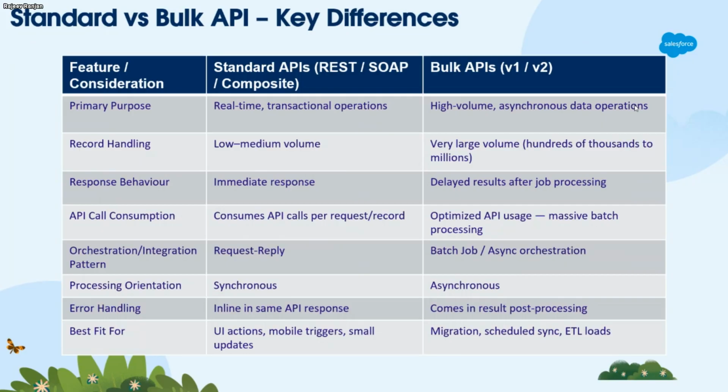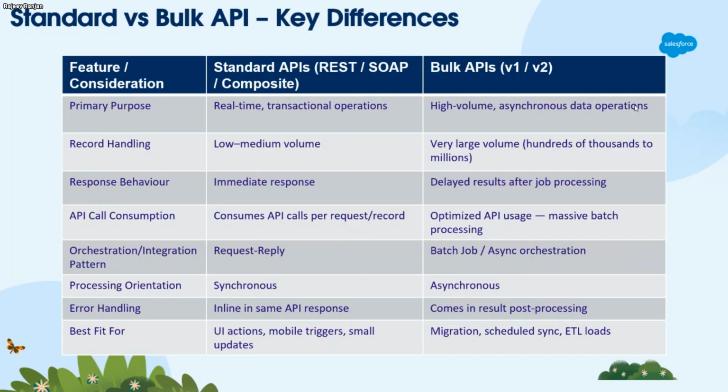In that error handling scenario, if it is inline in the API request and response, we should go for the standard. If you are okay getting it at post-processing, where a few records or a single record failing doesn't affect your business, then we should choose the bulk API.